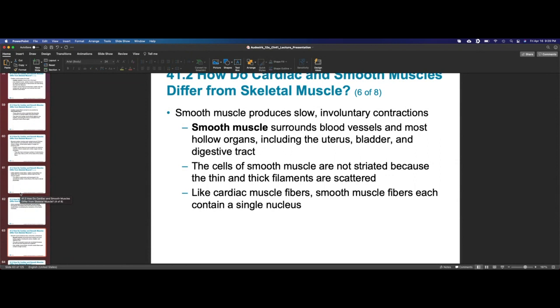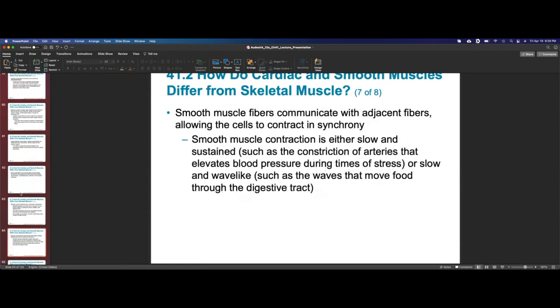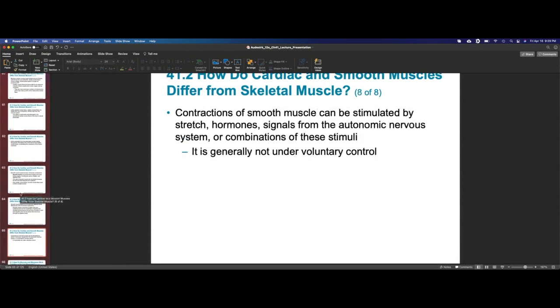So your blood vessels can constrict and expand in relationship to controlling that. You also see it in hollow organs including the uterus, bladder, and digestive tract. So generally these are not under voluntary control.